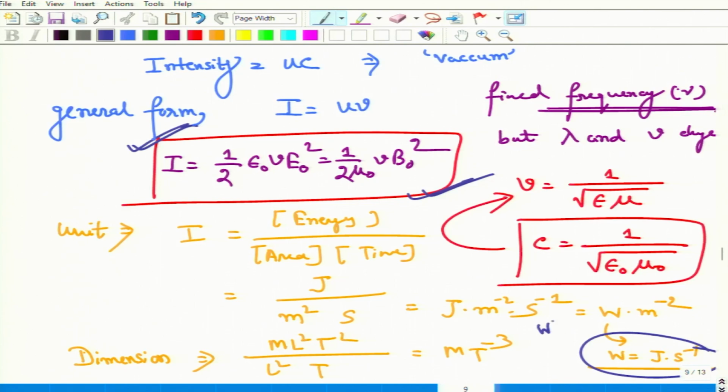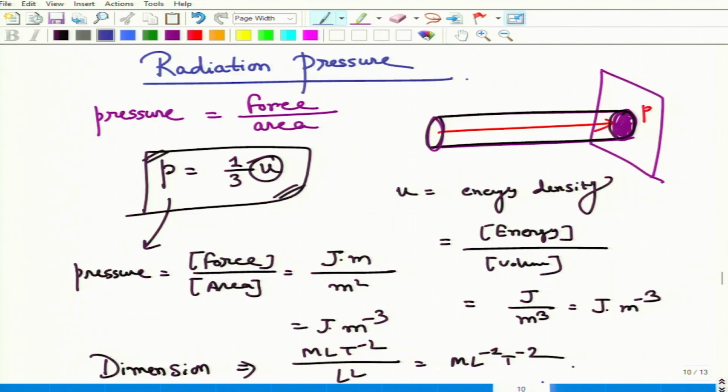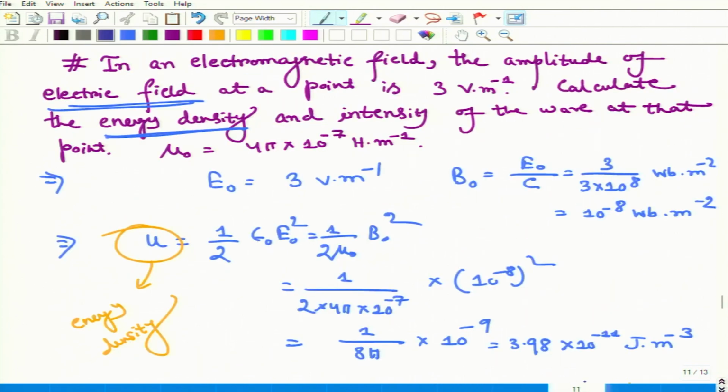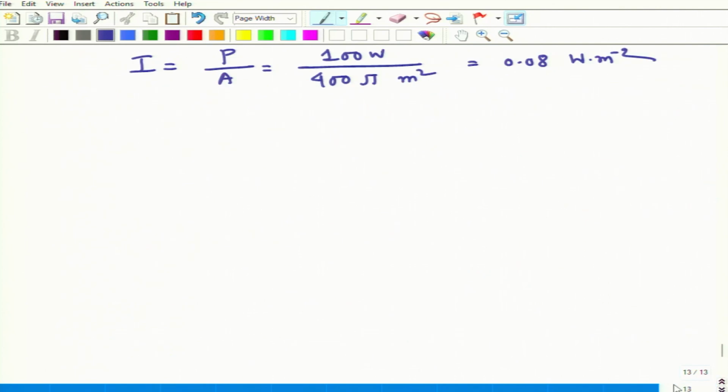What I told, Weber is Wb. This is not Weber, this is watt, joule per second. Here it is correct. And here the B, this is the Weber, correct. In that place, I just mistakenly said Weber. Okay, this is 0.08 watt per meter square.